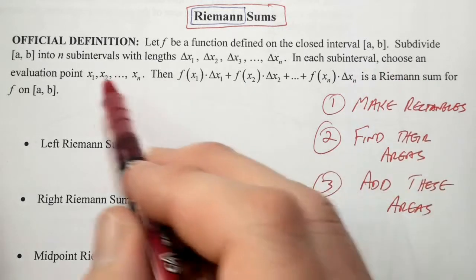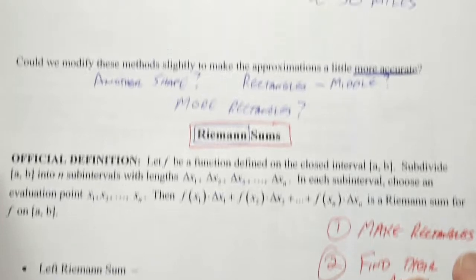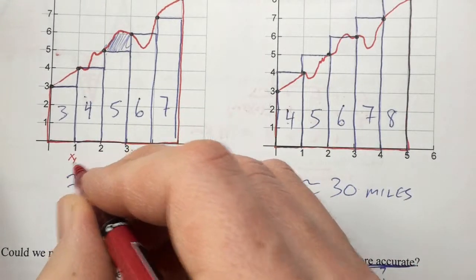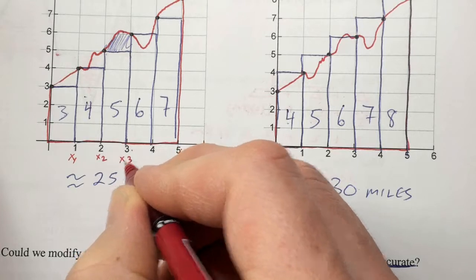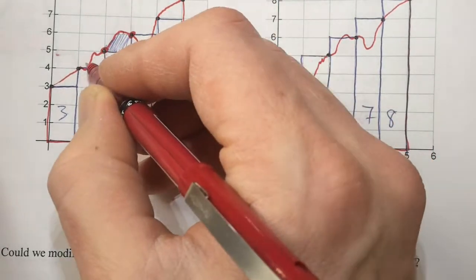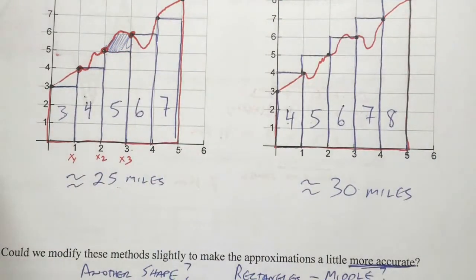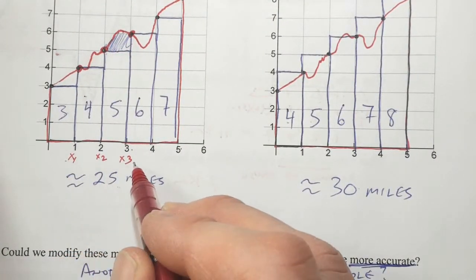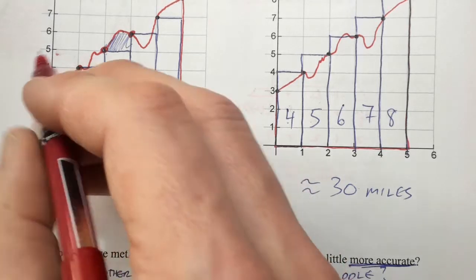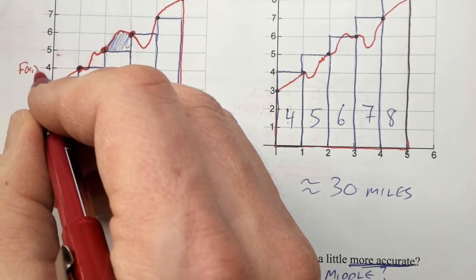So somewhere, I'm going to go up here. We're going to say that here's x sub 1, x sub 2, x sub 3. So we're going up to our function, and our rectangle is touching the function at these values. Now, if this is x sub 1, then this happens to be f of x sub 1.